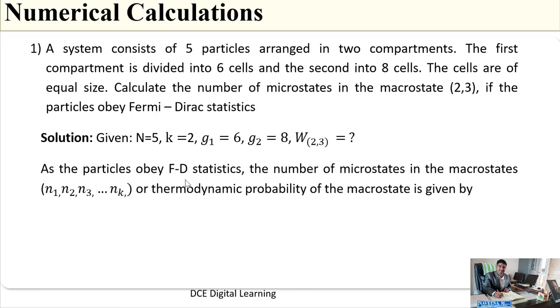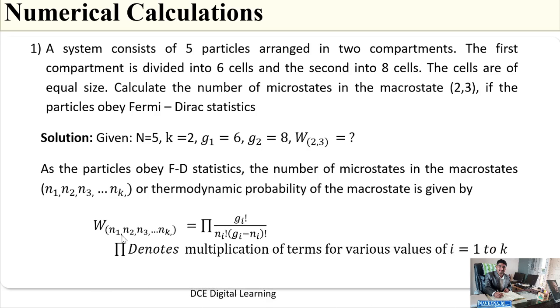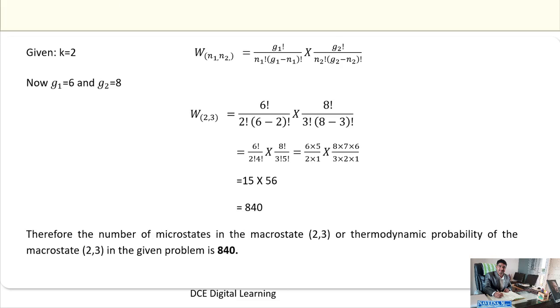As the particles obey FD statistics, the number of microstates in the macrostate (N1, N2, N3, ..., Nk), or the thermodynamic probability of the macrostate, is given by W(N1, N2, ..., Nk) equals pi of Gi factorial divided by Ni factorial into (Gi minus Ni) factorial, where pi denotes multiplication of terms for various values of i equals 1 to k.